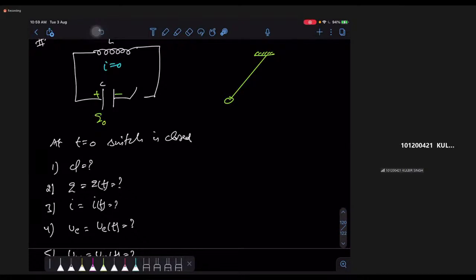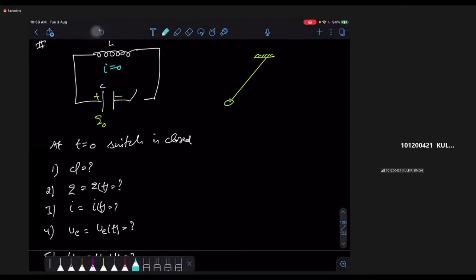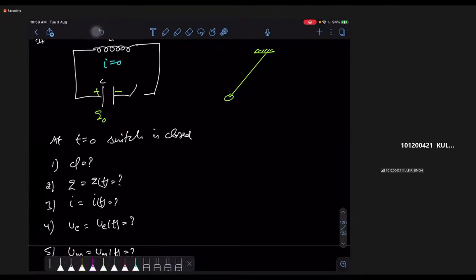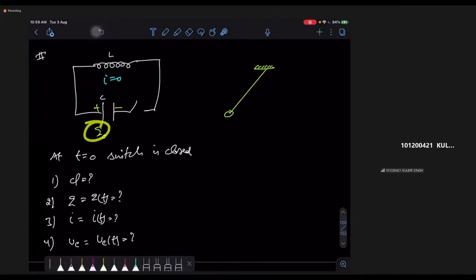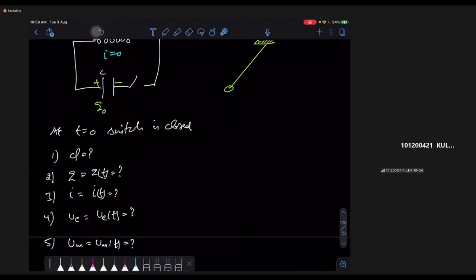Before we go to this mathematical calculation, we can understand it conceptually. I give the charge, I connect the switch, current is 0. And I told you the inductor doesn't want to change the current. So why will the inductor change the current?